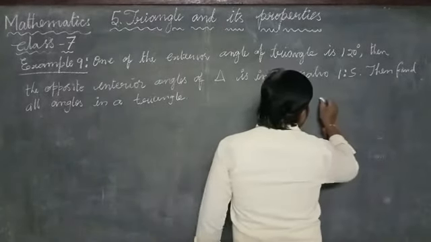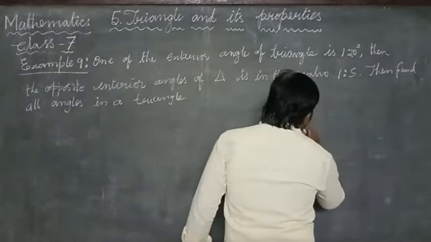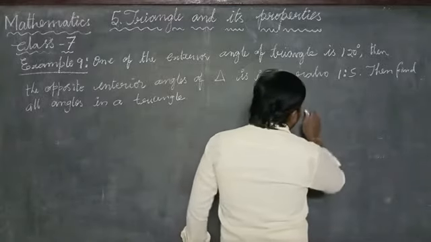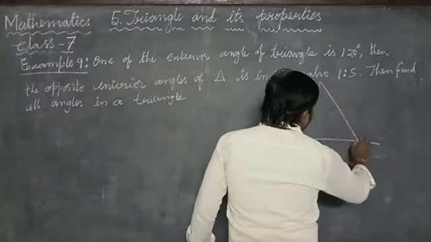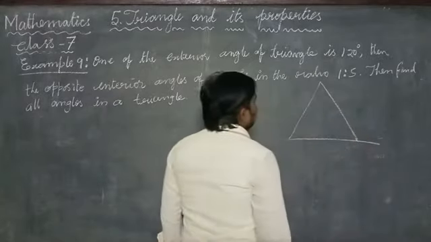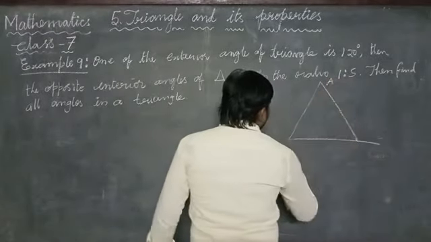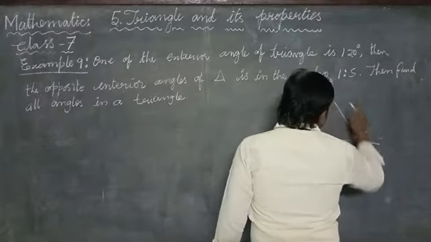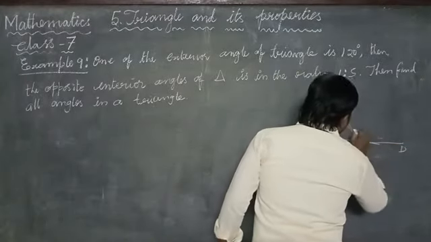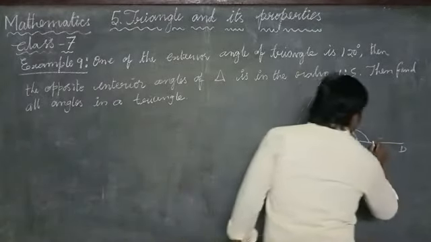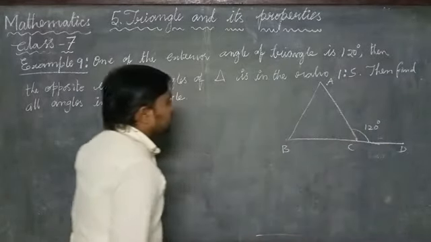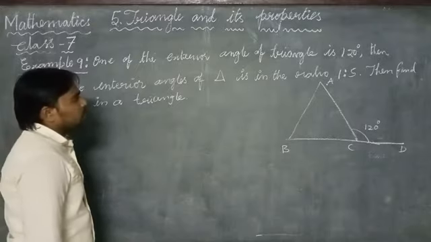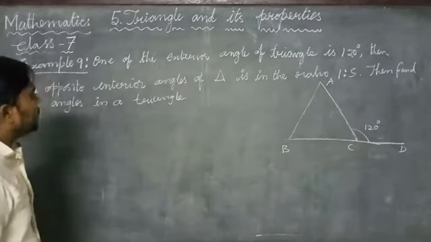With the help of the information they have given, we can draw the triangle ABC here, and it is the exterior angle 120 degrees. Okay, by using this we can find the other angles.